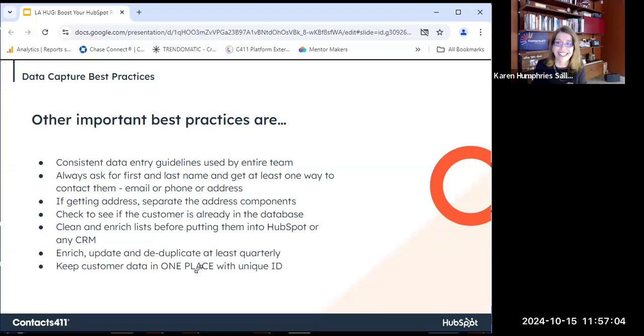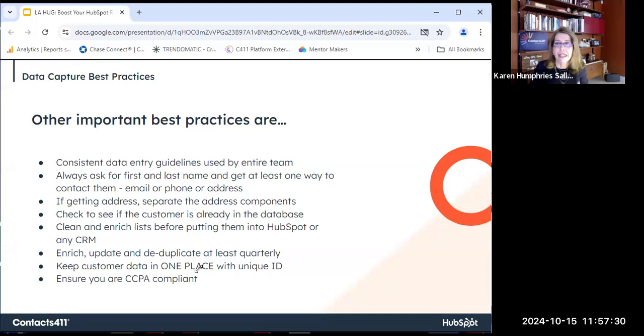It's so easy to have a sales list over here, a segment of other customers over here, or, you know, somebody who went to an event in another place. Put it all in one place so that you can understand the full relationship and the full value.